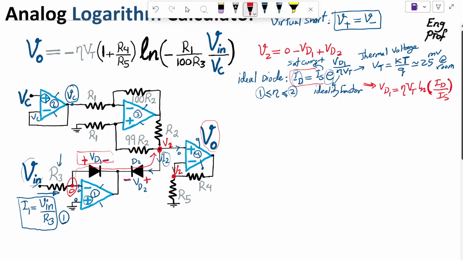So let's now use this equation, which I'm going to refer to as equation 2, and apply it to equation 3, and just substitute for the voltage of the diodes.